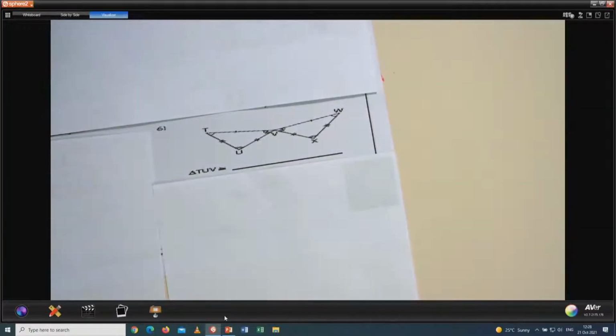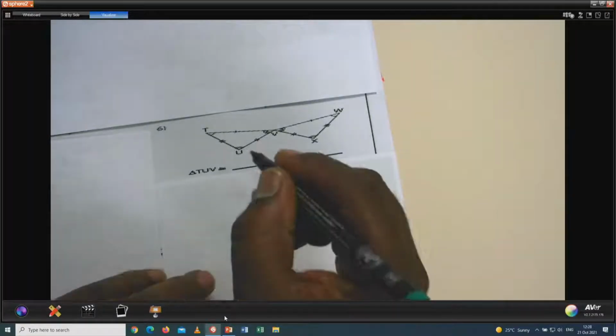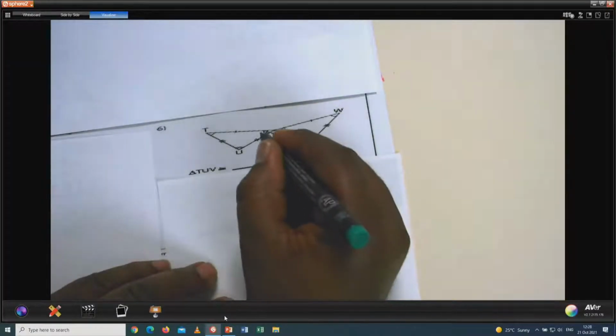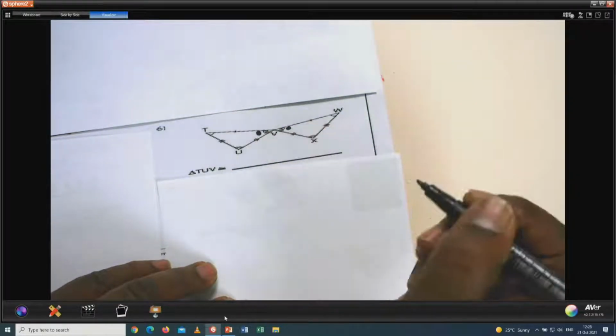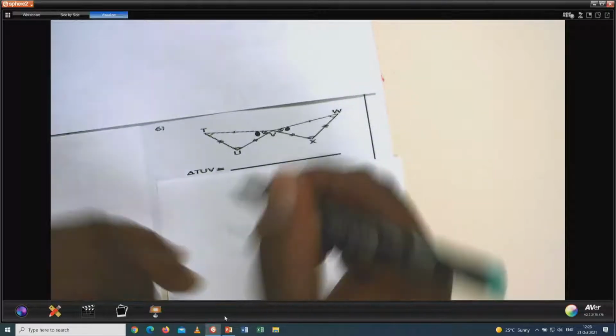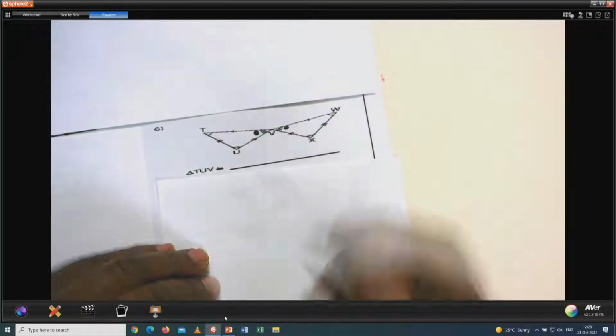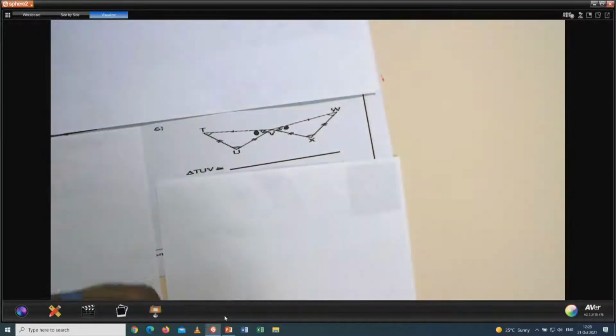Okay, what else now? You can start anywhere. I see an angle here. I see another angle. Like I said, you can start anywhere. You can start with sides. Whatever you see, you can start with that. Or I can even say, I also see this side equals this side.